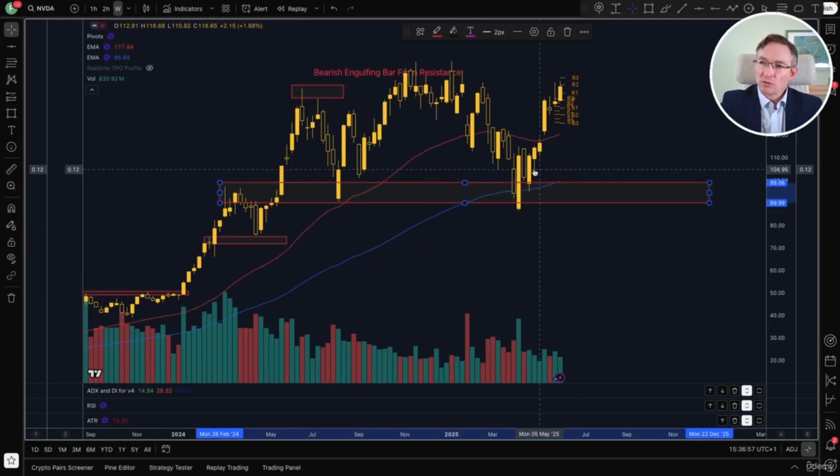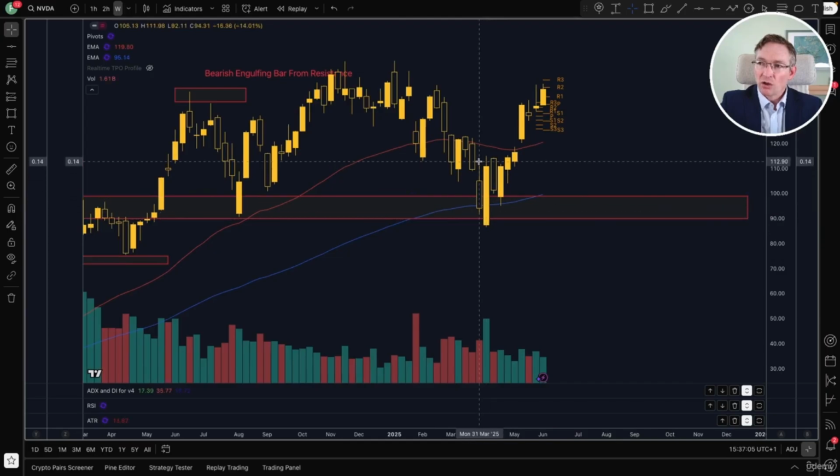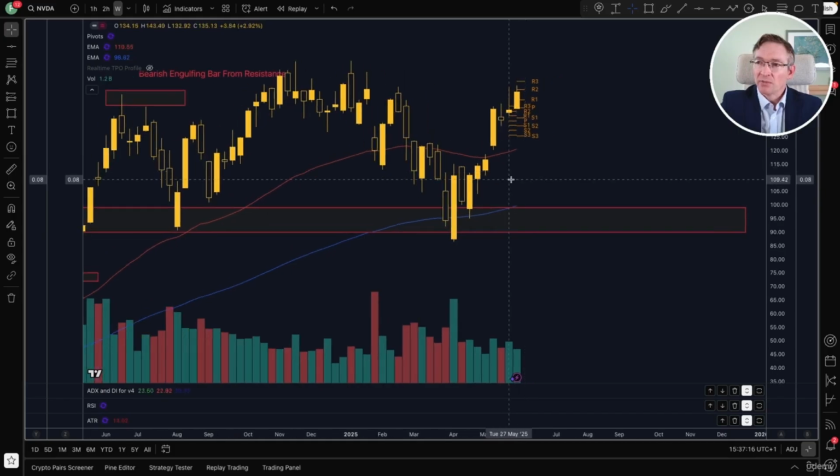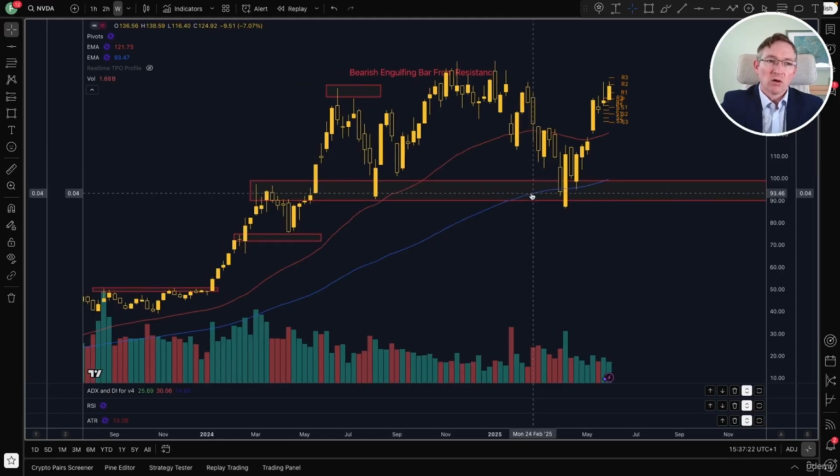And when you have multiple layers coming together, you've got this horizontal support, you've got a long-term moving average, you've got that test, and then, oh look, you've got a nearly bullish engulfing bar, I should say. Certainly a strong rejection candle. That's actually a bullish piercing line candle. So that is a strong confirmation that that level is going to hold.